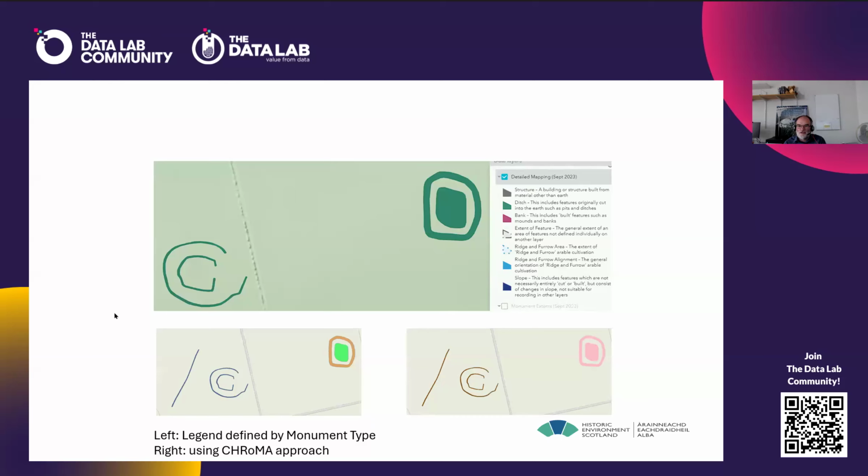English Heritage used a physical form legend. We haven't captured that information in the way that Historic England have captured the data, so I can't apply their legend to our data. But because of the key value, the monument type, we're able to apply the legend developed by CHRoMA to the English data set.